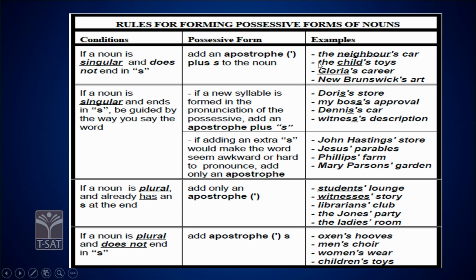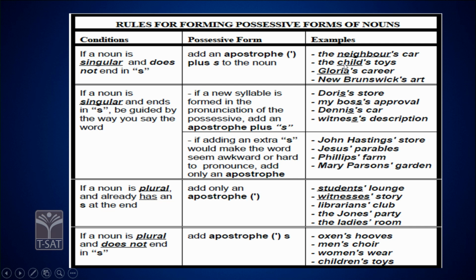See the example here. The neighbor is a root word. Now we have put an apostrophe here and added s, so it is going to be changed to the neighbor's car. It indicates that the car belongs to the neighbor. Now the child's toys.